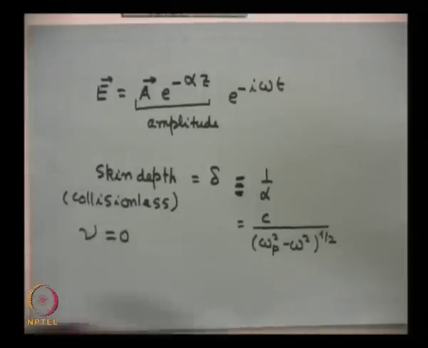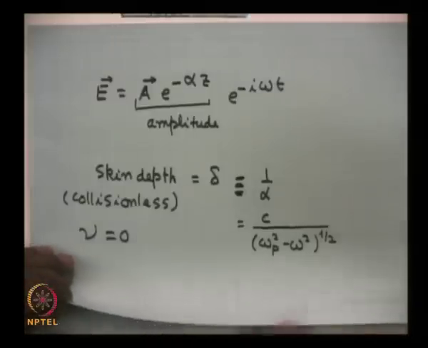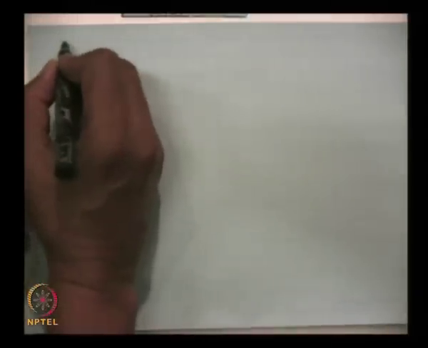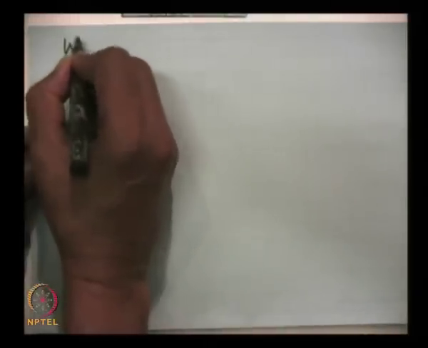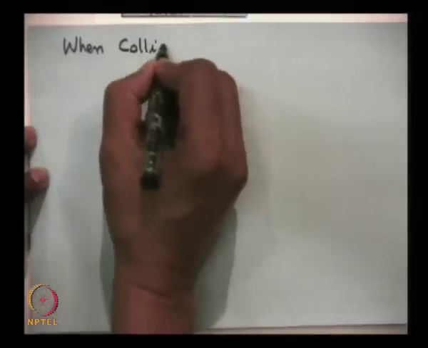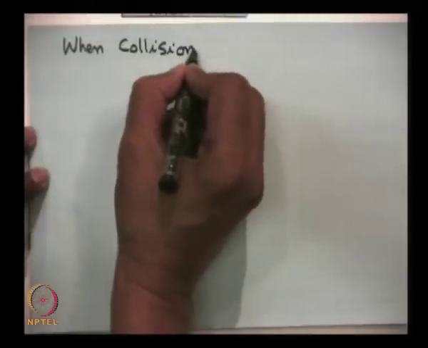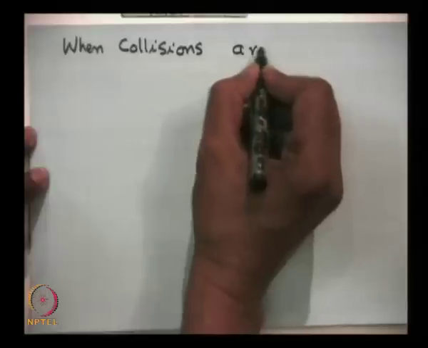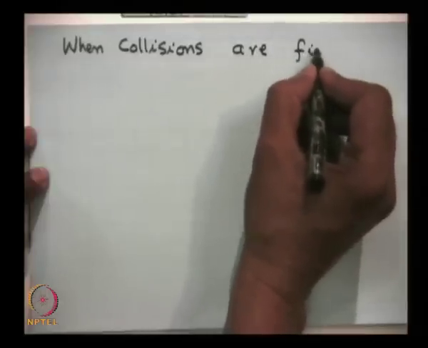However, if nu is included, what happens? Let us see. When collisions are finite, what do you expect?